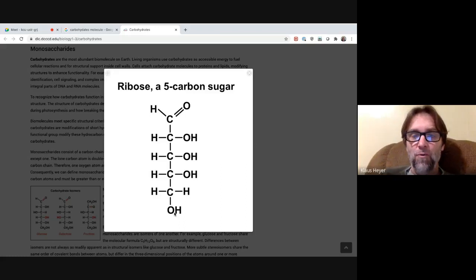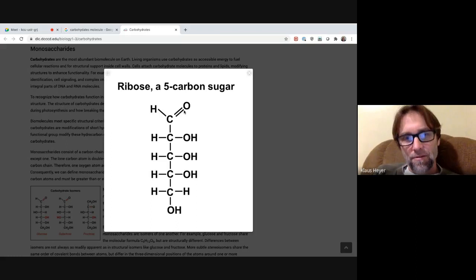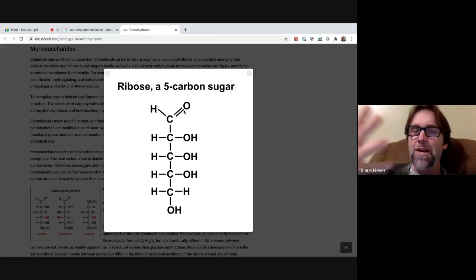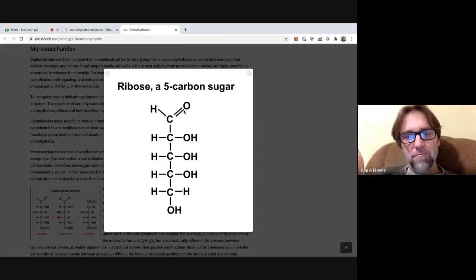So I see 1, 2, 3, 4. Whether it's 4 or 3 or 5 doesn't matter. There's more than one. So I'm seeing a few hydroxyls here. And there's my carbonyl. That was the second functional group we learned. So there's one carbonyl, and then there's many hydroxyls.